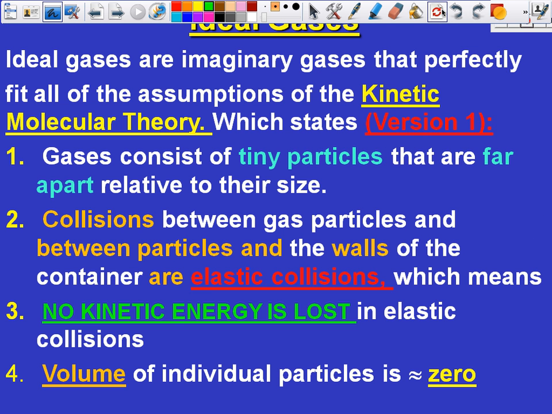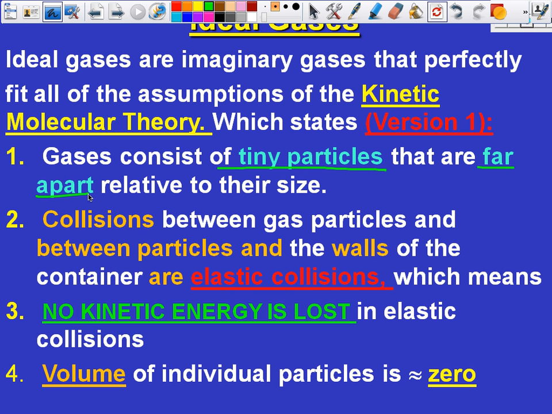The first one, you definitely understand this, because you've known this forever if you've been in any kind of chemistry class. Gases consist of tiny particles that are far apart. That's the basics of any kind of gas problem that we would have. All right.